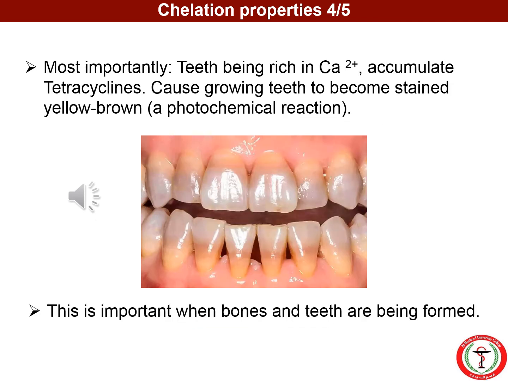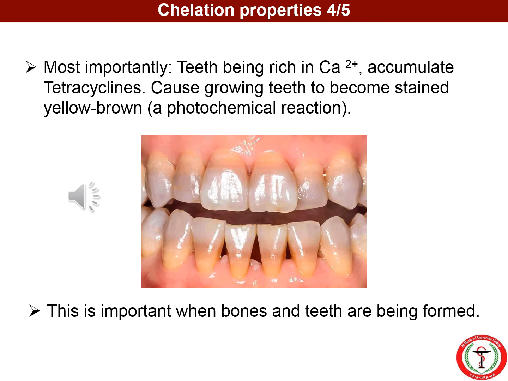It's quite important, when counseling a patient who takes tetracycline antibiotics, to tell him or her that this antibiotic can cause tooth discoloration due to the chelation between the tetracycline and calcium and accumulation of tetracycline. Of course, you don't need to tell the patient about the chelation properties of tetracyclines, but you do need to tell them about the change in the color of the tooth and staining with a yellow-brown color.